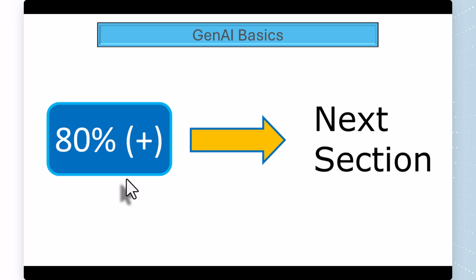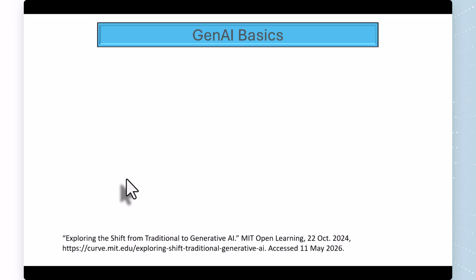And now let's talk generative AI, also known as GenAI. It should be noted that there is a difference between GenAI and traditional AI. According to the Massachusetts Institute of Technology, quote, "The core distinction between traditional and generative AI lies in their functionality.